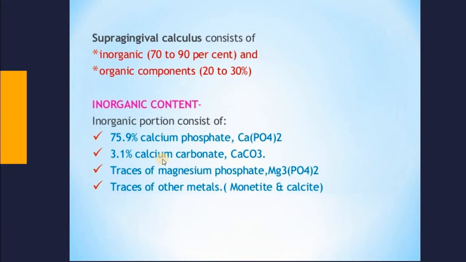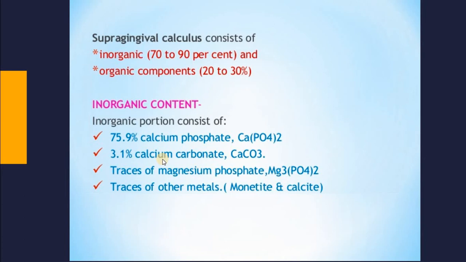Regarding the composition, we have two main components of dental calculus: inorganic and organic components. The majority is inorganic, about 70 to 90%, while the organic component is 10 to 30%.